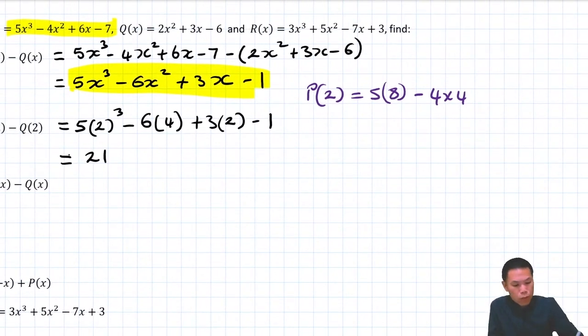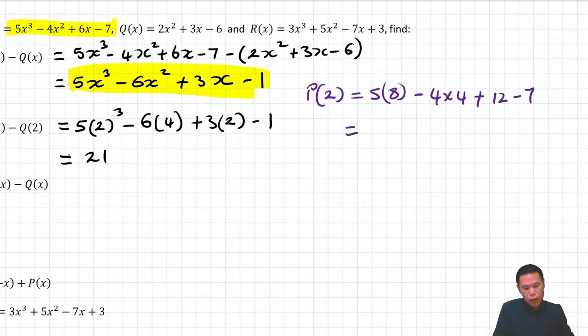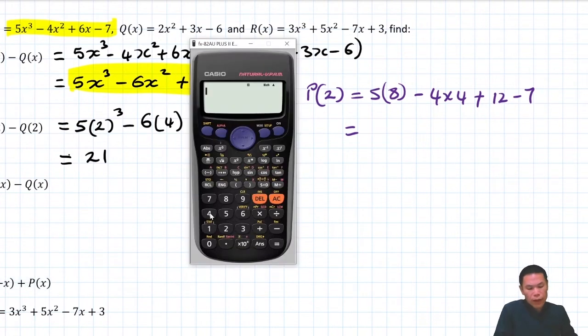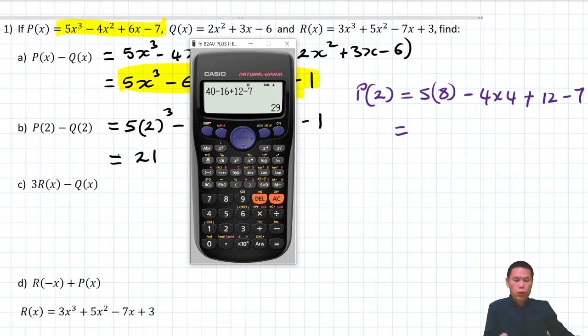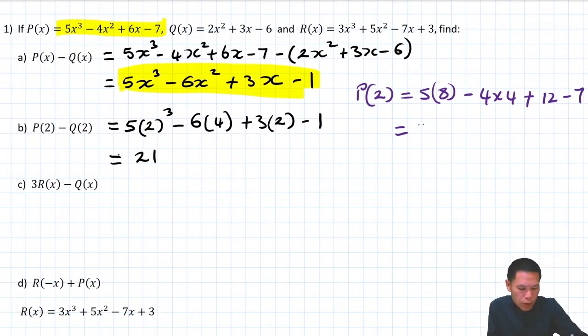And then we plus 6 times 2, which is 12, and minus 7. So now I just put that in the calculator. 5 times 8 is 40. And then minus 4 times 4 is 16. And then plus 12. And then minus 7. There you go, 29. So just write 29 down first.